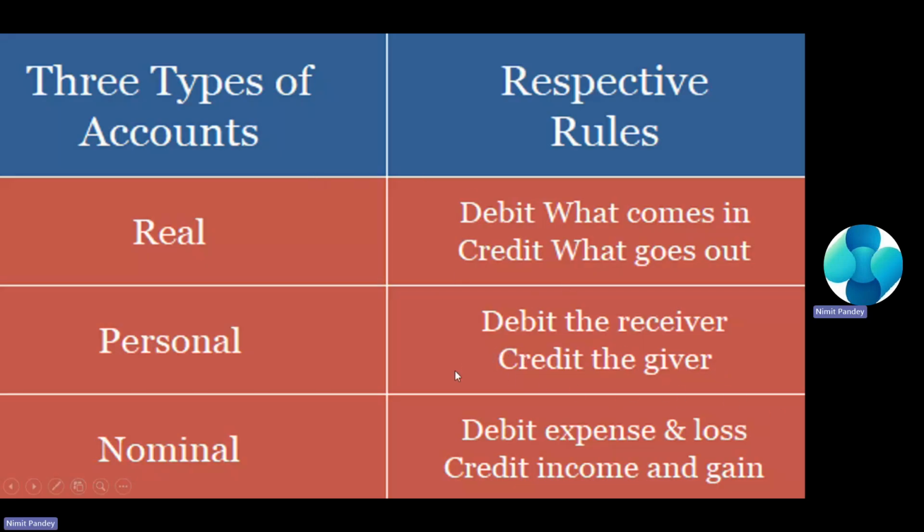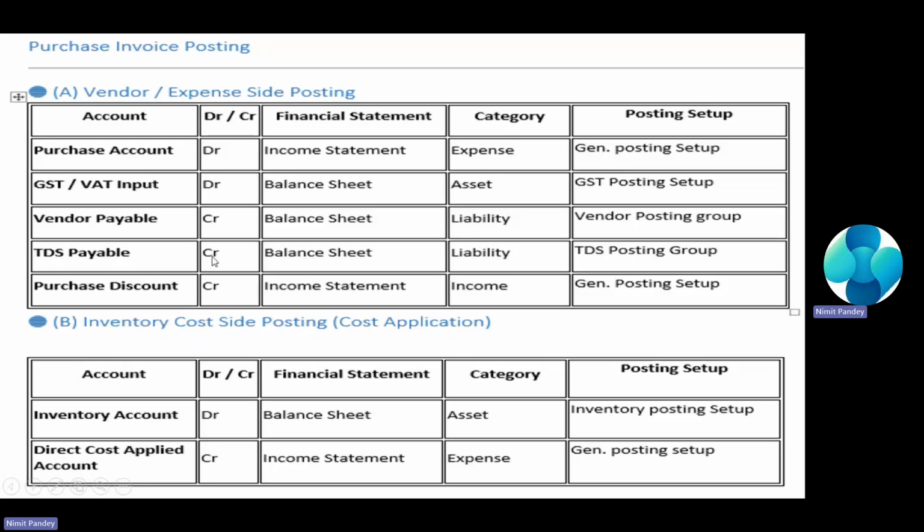So the giver should be credit. So the vendor is credit. And the other account for vendor payable is the purchase account. So the vendor is credit, then the purchase account will be debit.